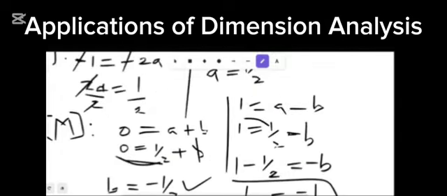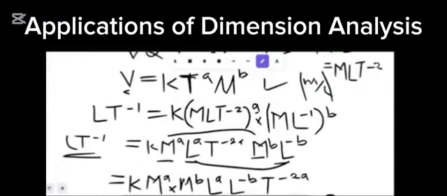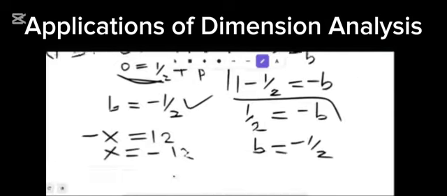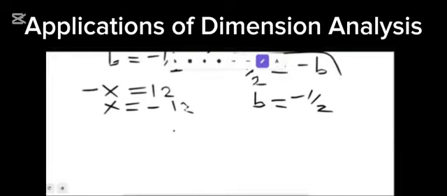Now, this is equals k, T to the power A, which is force. What is A? A is 1 all over 2, and then mu to the power minus 1 all over 2. Indices rule will take that down.